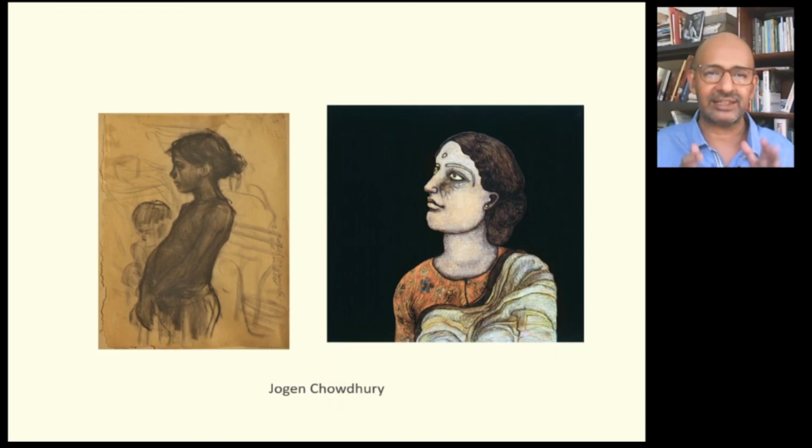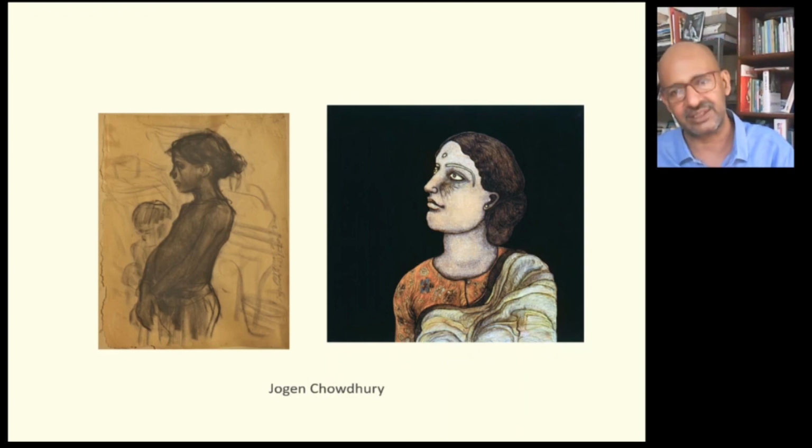So I'm deliberately keeping these two works side by side to highlight this point, that for a stylized figuration, many artists had to actually pass from a deeply focused and engaging academic practice to a stylization.